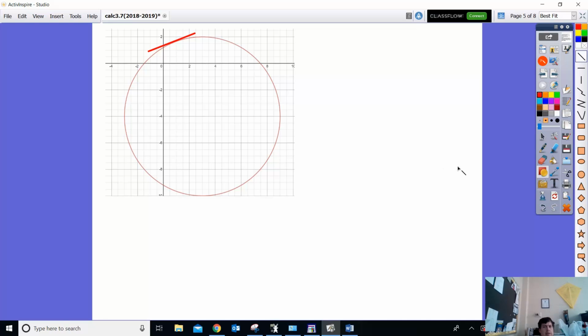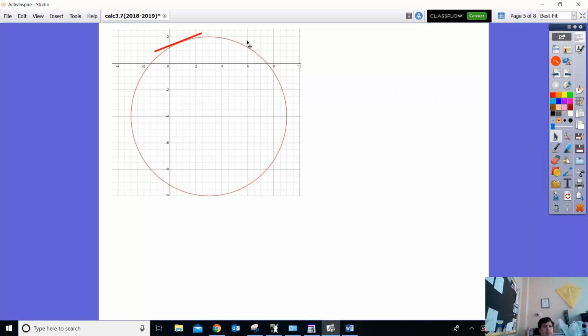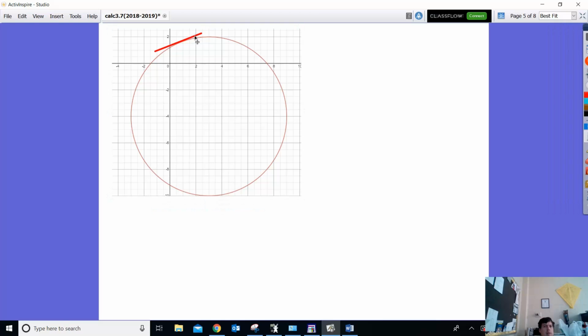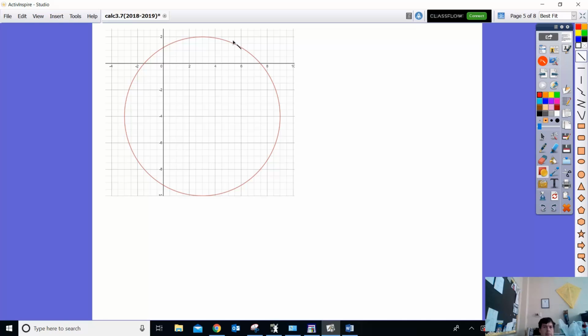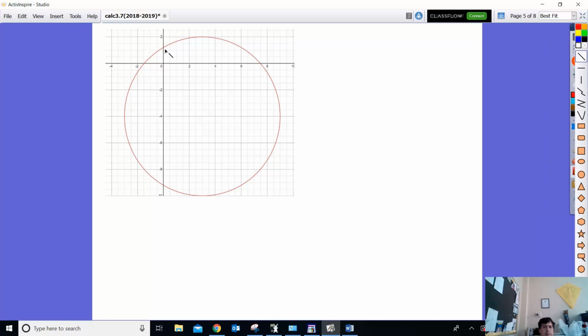Well, what was the x value? 6? I completely drew that in the wrong spot. I was focusing on the y value. When x is 6, y has a value of about 1.2, which is right there, right on the circle, because these are slopes of tangent lines. And we also have a y value of about negative 9.2.